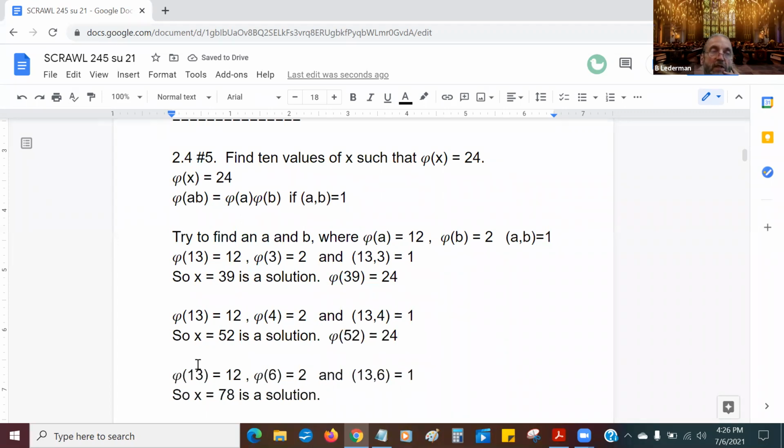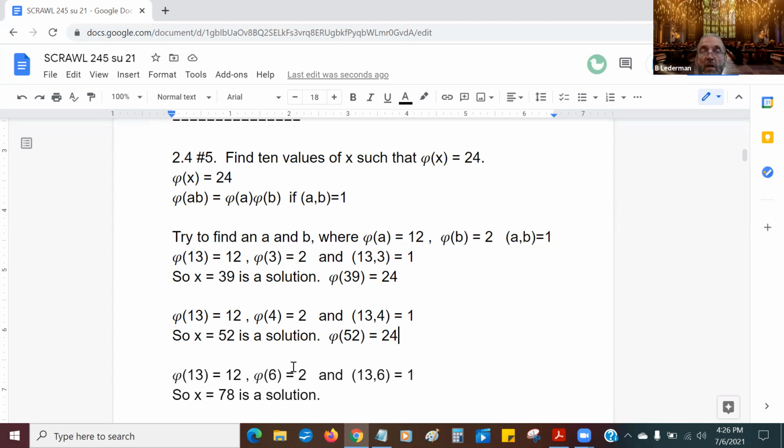And I know that phi of 13 equals 12, I could take another example of a number whose phi is equal to 2, and phi of 6 is equal to 2, because the only numbers less than 6 that are relatively prime to 6 are 1 and 5.